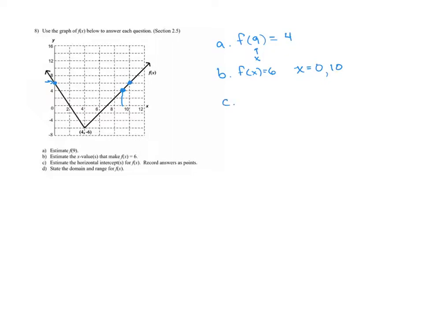For part C, we want to estimate the horizontal intercepts. So we are looking for where y is 0. We're going across. These are our 2 horizontal intercepts. In point form, these are going to be 2, 0 and 7, 0.